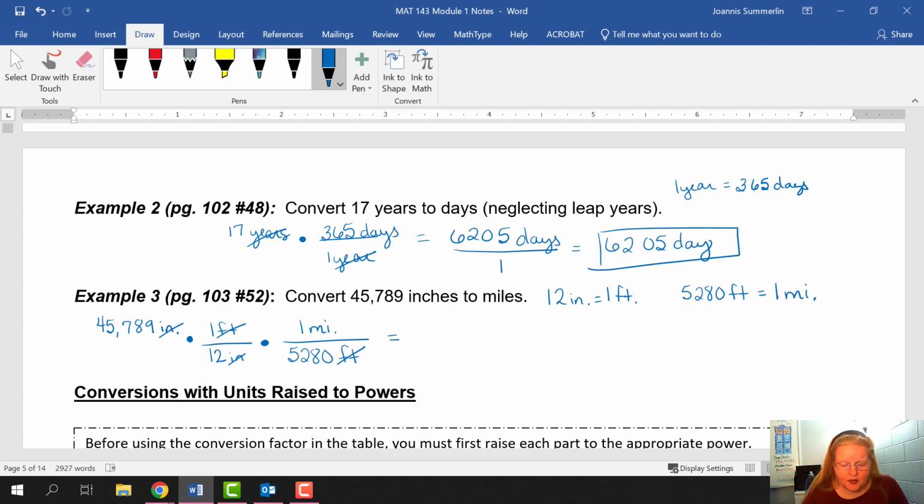Multiply across the top. 45,789. That's miles. Multiply across the bottom. I didn't write down what that was. Hold on. Grab my handy dandy calculator.